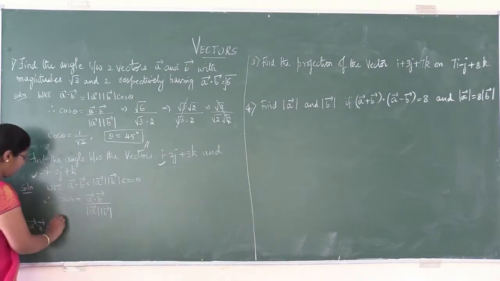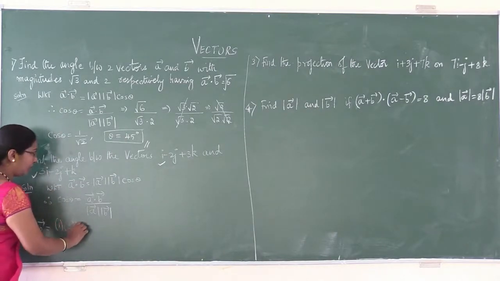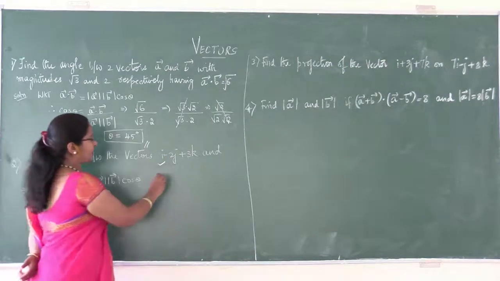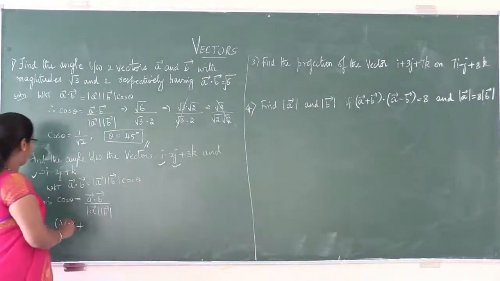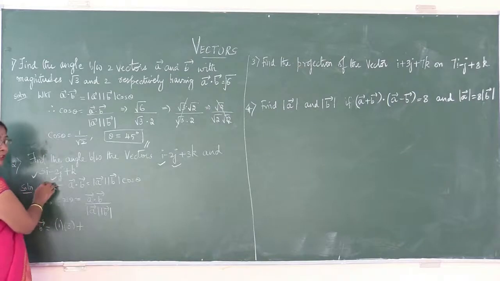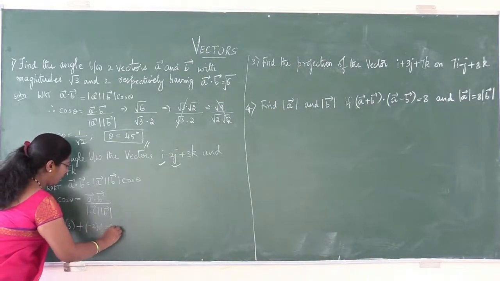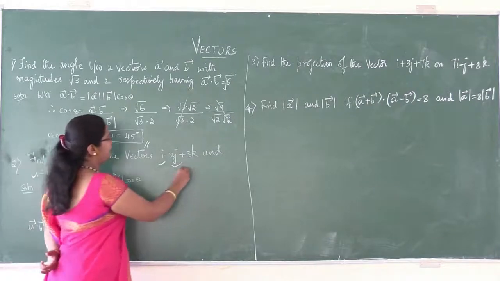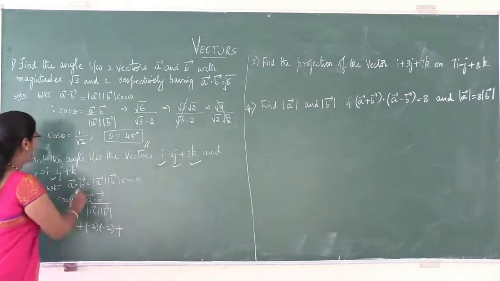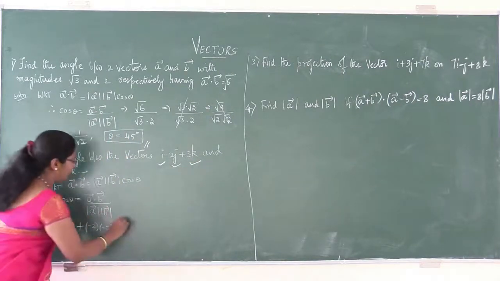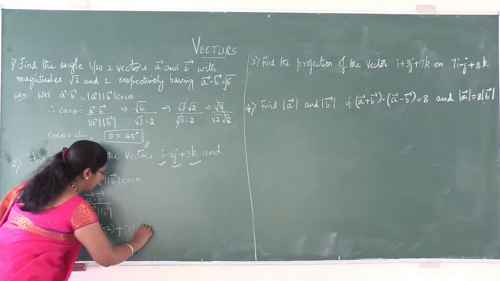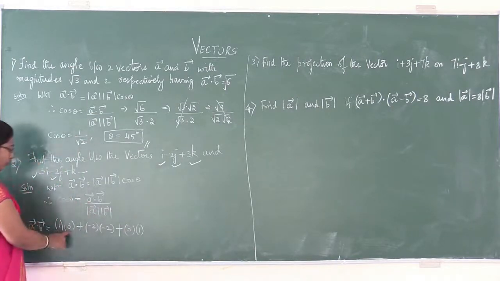So this will be 1 into 3 plus, what is the coefficient of j here? Minus 2. And the coefficient of j in the other vector is again minus 2. So plus minus 2 into minus 2, plus the coefficient of k, which is 3, and the coefficient of k in the other vector is 1, that is 3 into 1, 3.